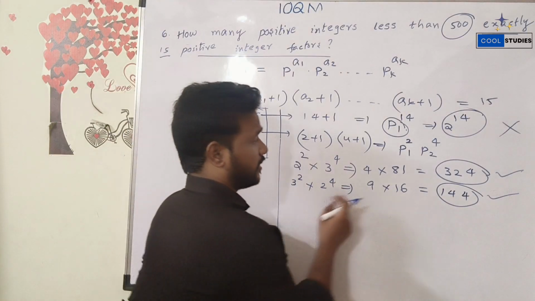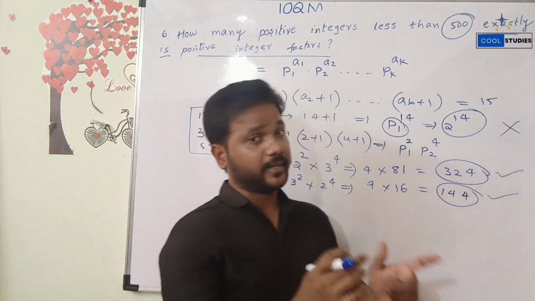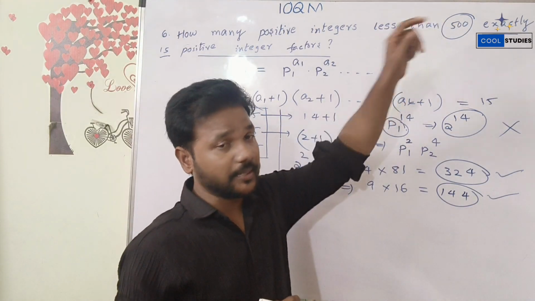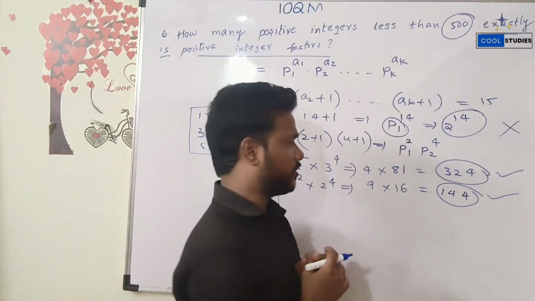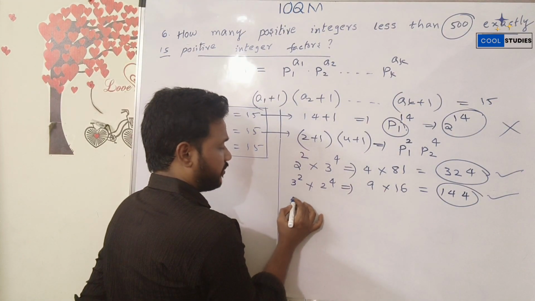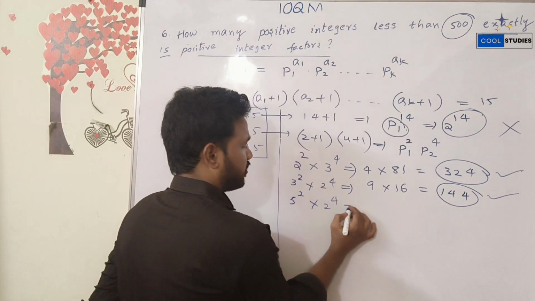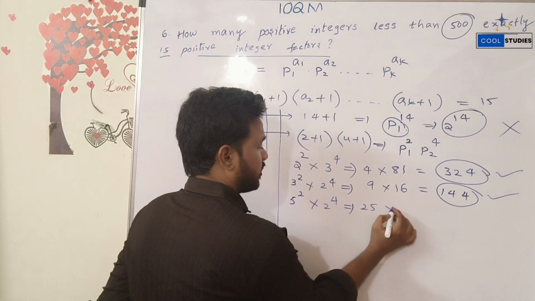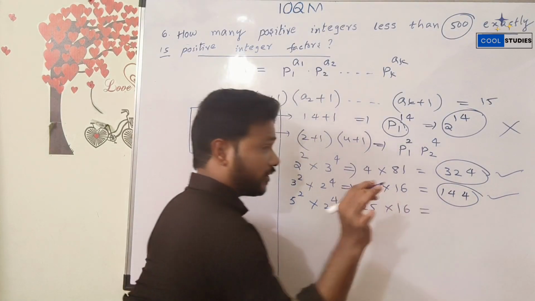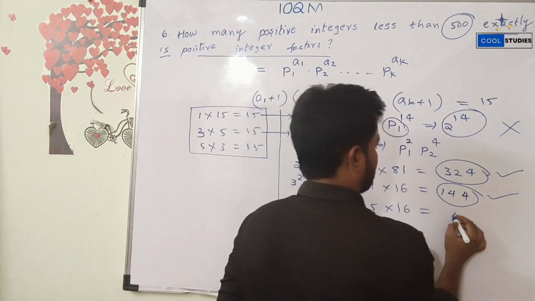Let us take not only 2 and 3; we can take any prime number, but the answer must be less than 500. Suppose in place of 3 we take 5, because 5 is also a prime number, with 2 power 4. 5 square is 25, 2 power 4 is 16, and 25 times 16 is 400.